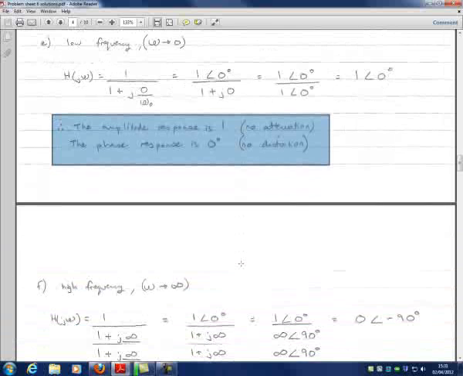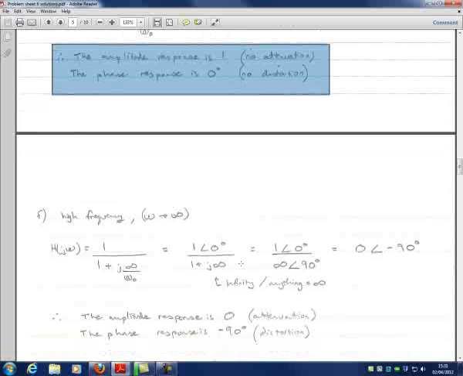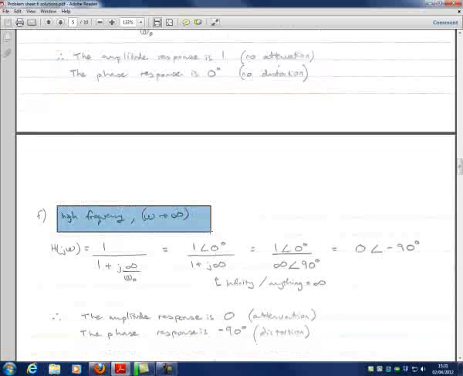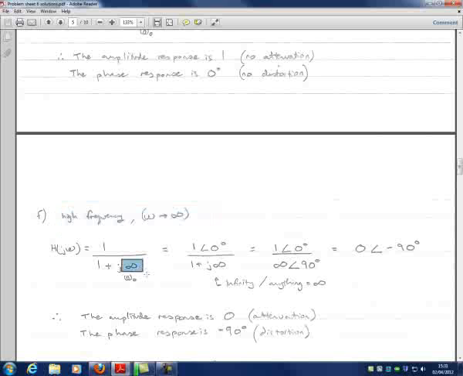So part F, we're going to look at high frequency. This time we're going to make the assumption that omega tends to infinity, so in our complex voltage transfer function we replace omega with infinity, and that's what I've done here. So what have I done? I've said next step is this 1 is equal to 1 at an angle of 0 degrees. I've converted it to polar form, and here we've got infinity divided by omega naught.